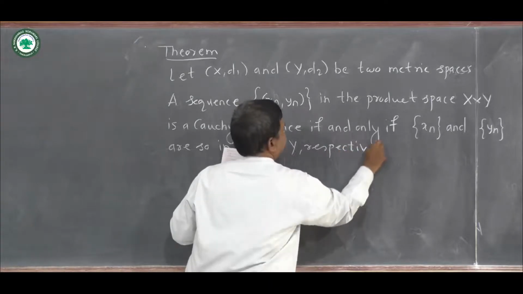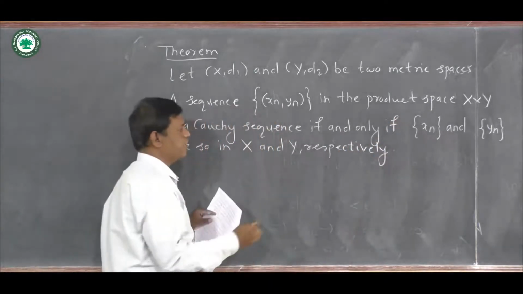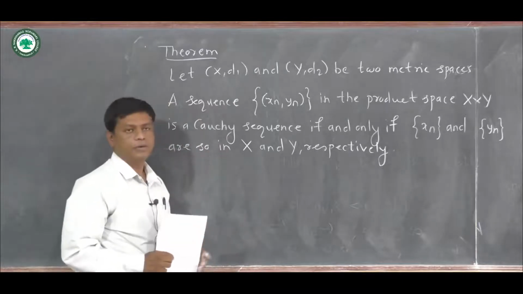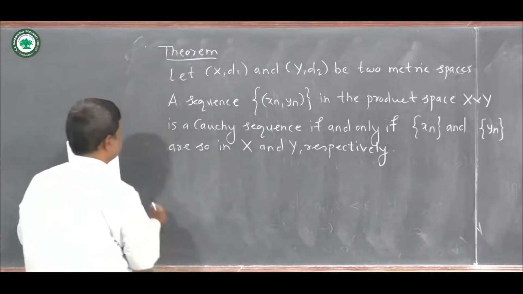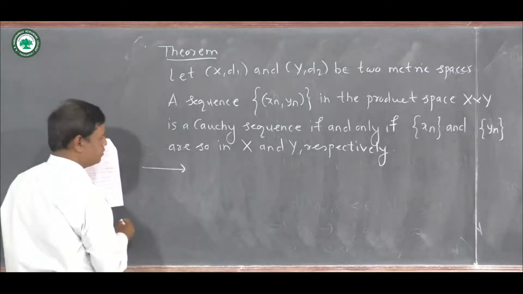It means that in that case x_n is a Cauchy sequence in X and y_n is a Cauchy sequence in Y. Now to prove this, we consider this metric function.